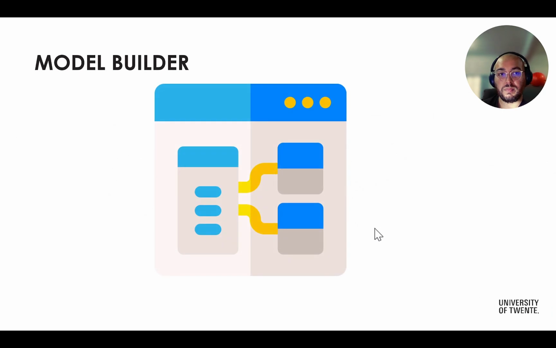The model builder is a graphic interface where you can visually program what you want to achieve. Instead of hard coding and writing everything up, you can use these visual tools where you can integrate tools that you already know or already have.